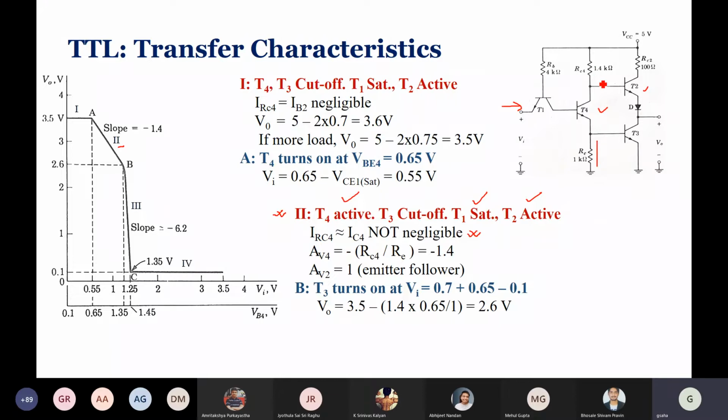Earlier, this was only IB4, right? This is the only current that was flowing when this was cut off. But when it is no more in cutoff, it is active, so current is flowing in this direction also as well as this direction. Together, this current is reasonable not to neglect, the IC RC4 drop over here, in the calculation of VO, the output voltage, which is 5 volt minus this drop minus 1.4 or 1.5 volt.